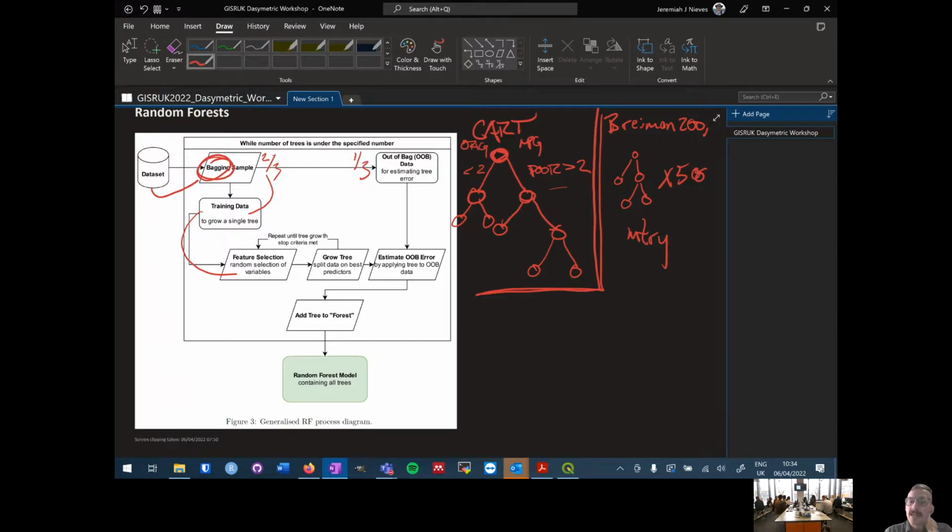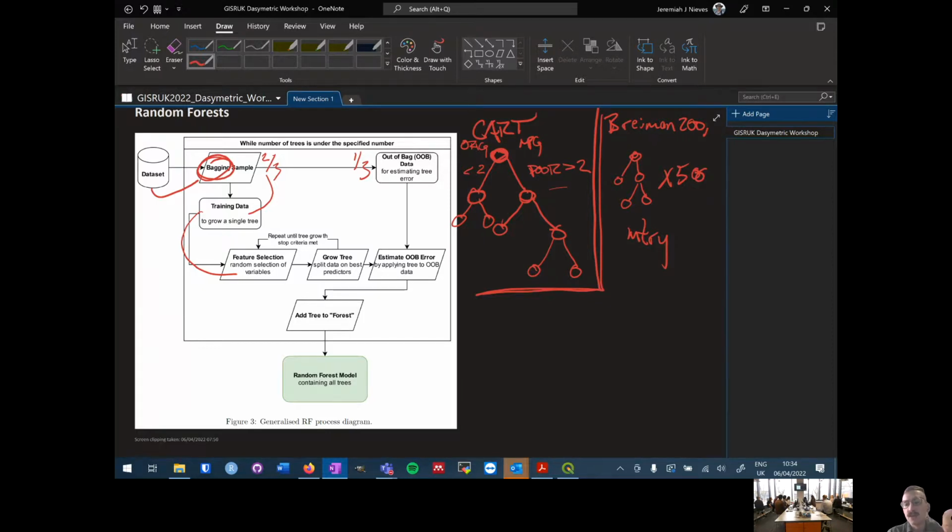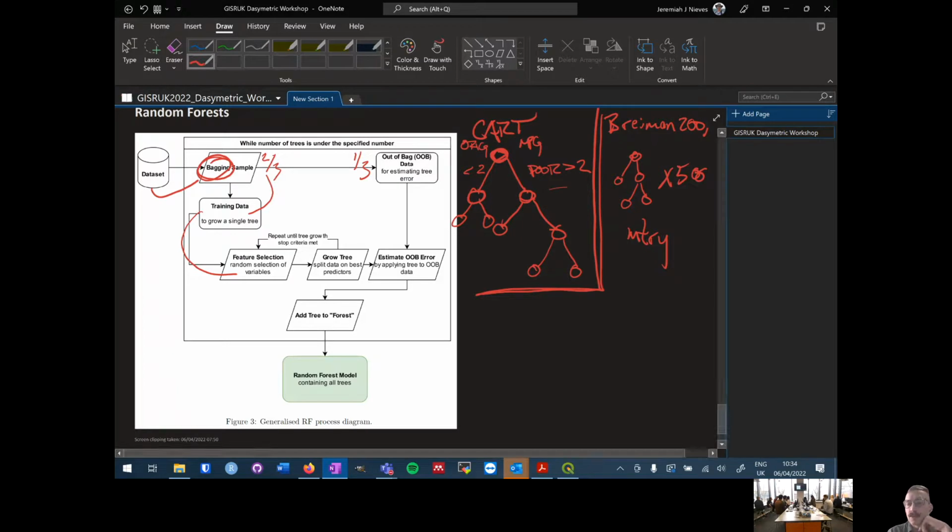What that means is that each of these nodes, when you're going to split, it is going to randomly select 2, 3, however many of those variables, and then in those variables, find an optimal split value. So say we are looking at average time to timing belt change in a vehicle. That's a large continuous one.